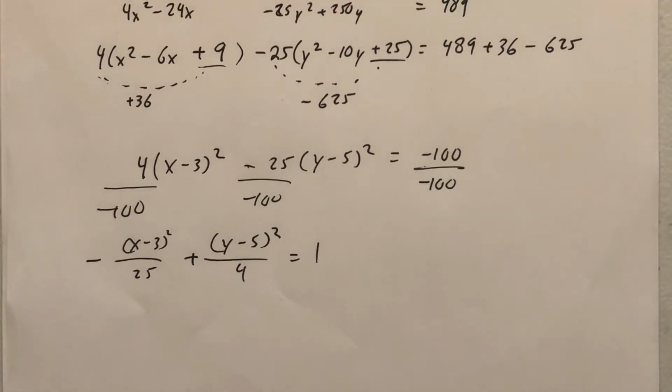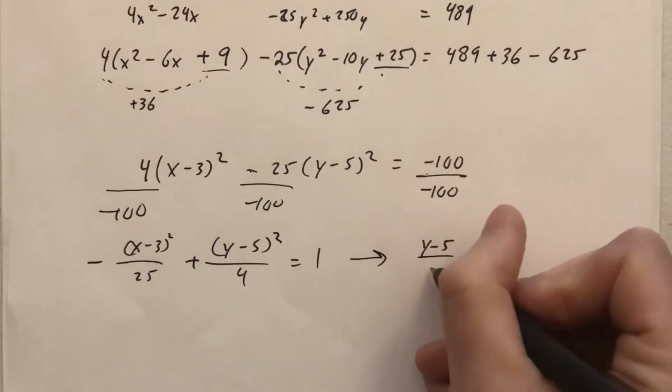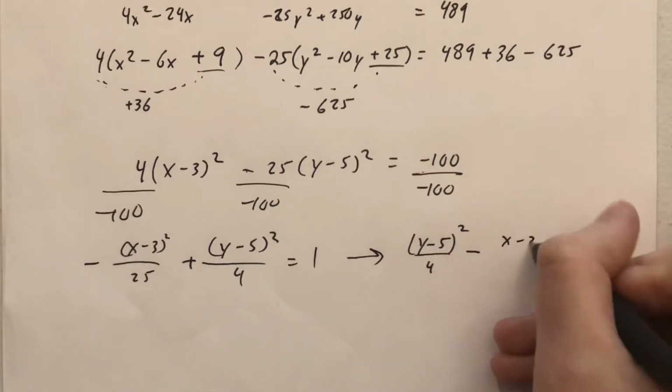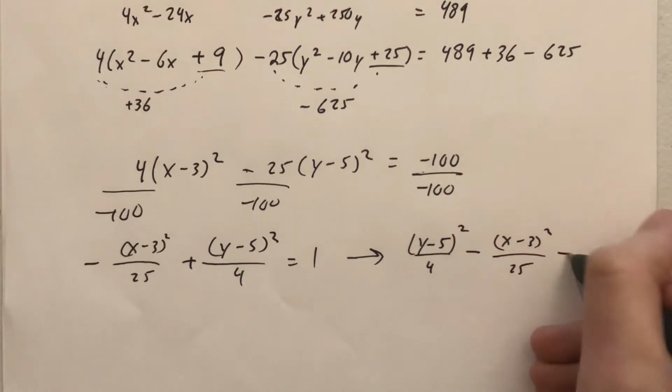And that's just a little different than we're used to, so I'm going to swap it and point out that that really means we've got y minus 5 squared over 4 minus x minus 3 squared over 25.